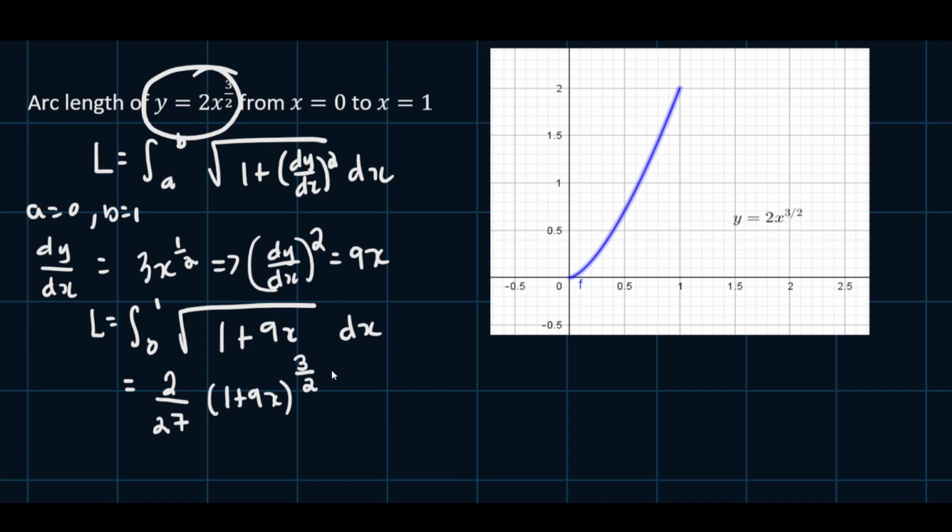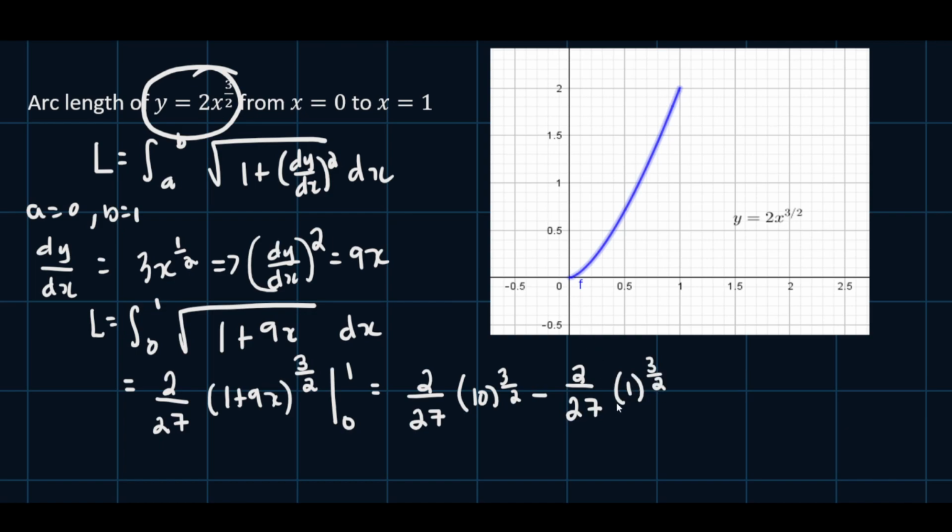Then, of course, we evaluate this from 0 to 1. Evaluating from 0 to 1 will give us 2 over 27 times 10 raised to 3 halves minus 2 over 27 times 1 raised to 3 halves.